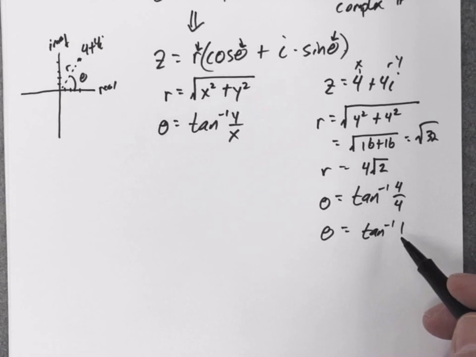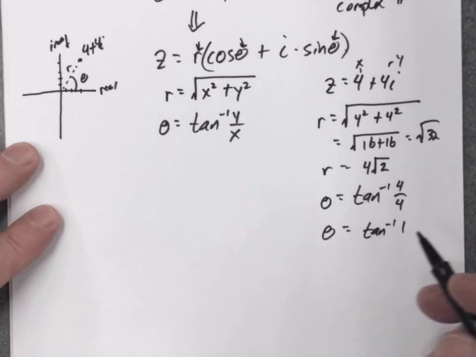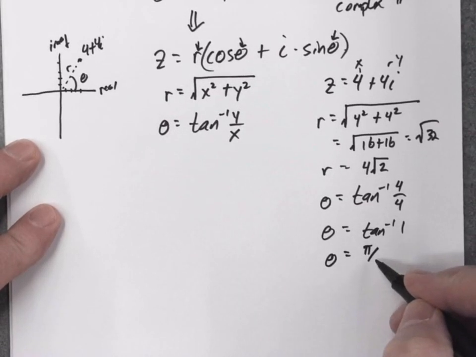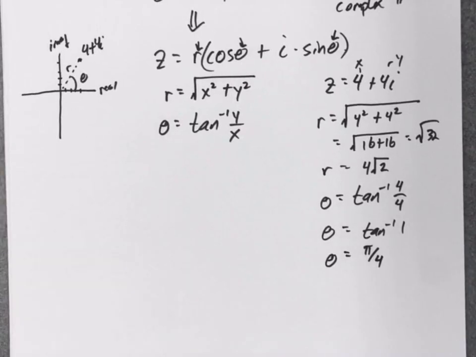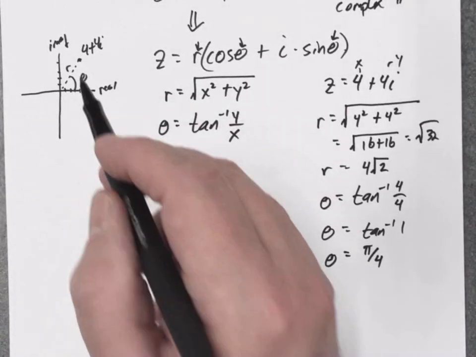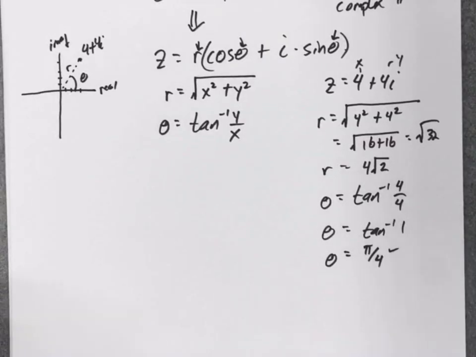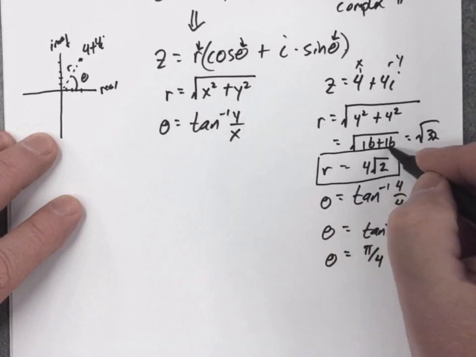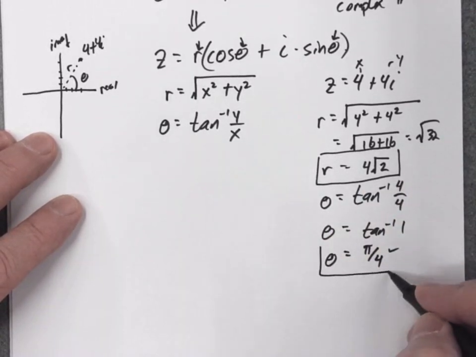Or you can say where the sine over the cosine is 1, the same thing. And we've done this enough that by now, in radians, we know at pi over 4 in that first quadrant, the tangent of pi over 4 is 1. So the inverse tangent is pi over 4, and since I'm in the first quadrant, now I know r and theta.